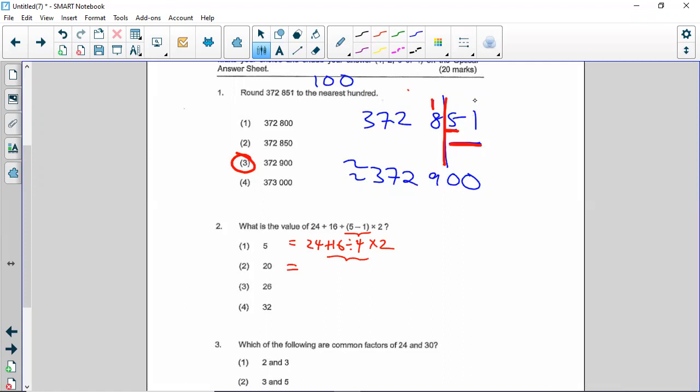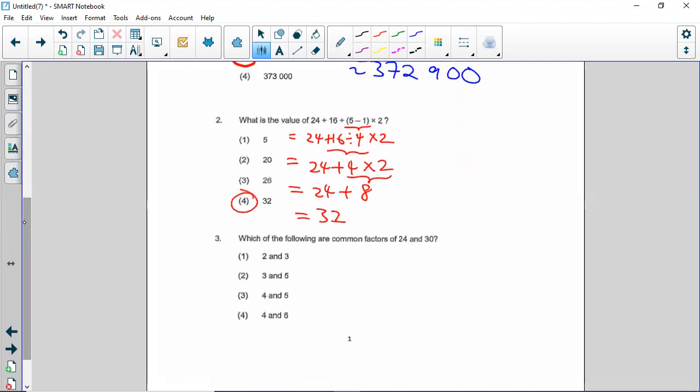Divide is more important than plus. So 24 plus 4, and then times 2. Then you have a plus and times. What do you do first? Your times. So what do you see? The statement is getting shorter and shorter as you do step by step. Then you get 24 plus 8, and your answer is 32. So answer number 4.